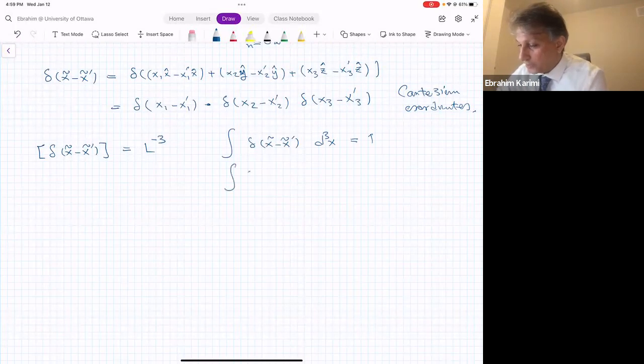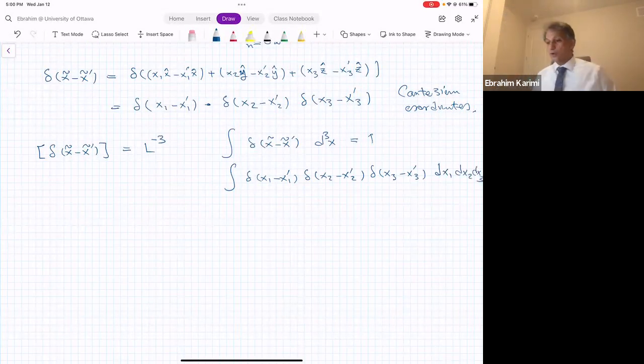Essentially you have the integral of delta of x1 minus x prime 1 dx1, delta of x2 minus x prime 2, delta of x3 minus x prime 3, dx1 dx2 dx3, and I write it in the proper way because sometimes I may have a complicated function here.